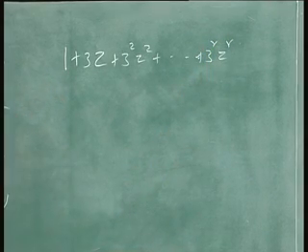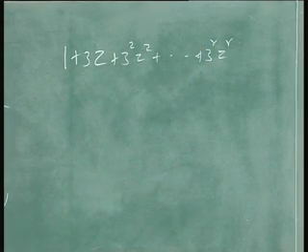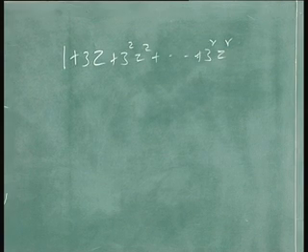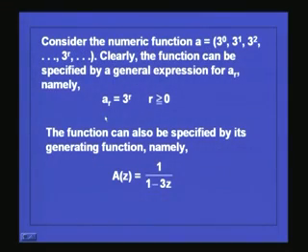So, the coefficient of z power r will be 3 power r, and that is what is given here. So, the generating function for this is 1 by 1 minus 3z.